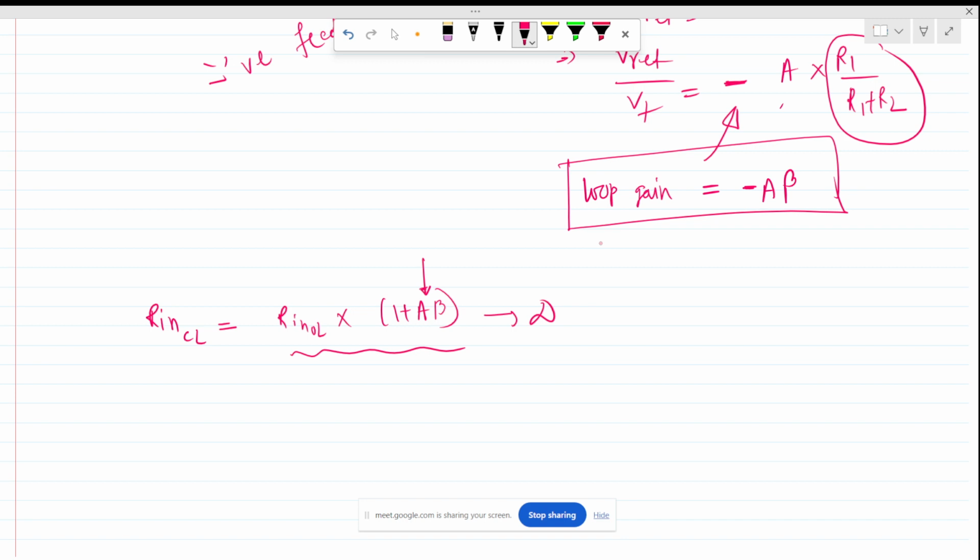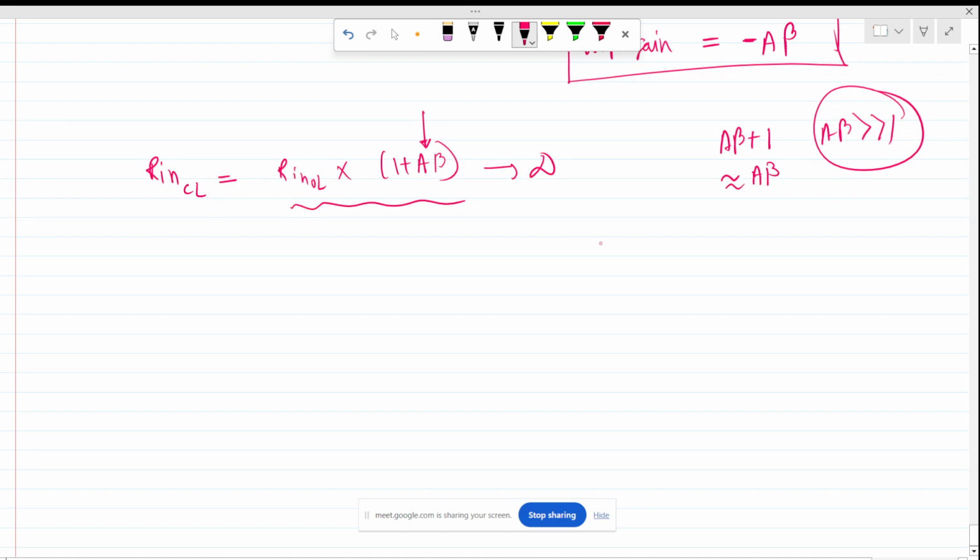If A beta is much greater than 1, this is simply A beta. So we generally say the closed loop input impedance is the loop gain times the open loop impedance.